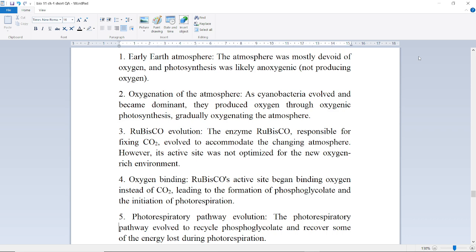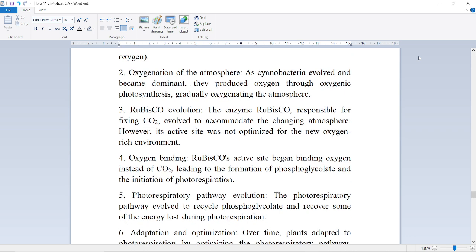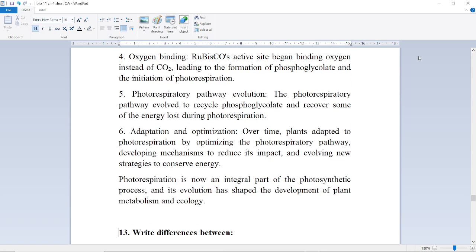Rubisco's active site began binding oxygen instead of carbon dioxide, leading to the formation of phosphoglycolate and the initiation of photorespiration. Photorespiratory pathway evolution. The photorespiratory pathway evolved to recycle phosphoglycolate and recover some of the energy lost during photorespiration.